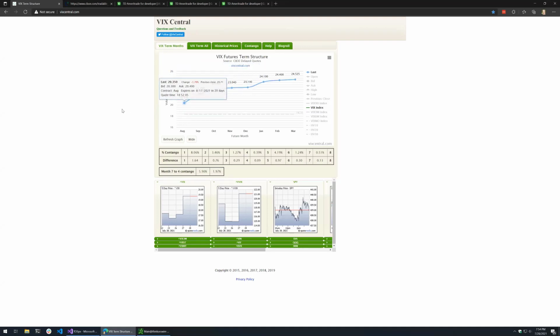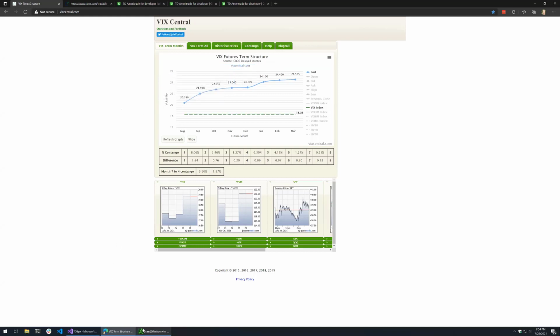This is the actual futures contracts that are on the VIX, and of course the spot VIX is shown there in green. Notice that this is in what's called contango at the moment. With these futures, there's more perceived risk in the longer dated futures contracts than there is shorter term.